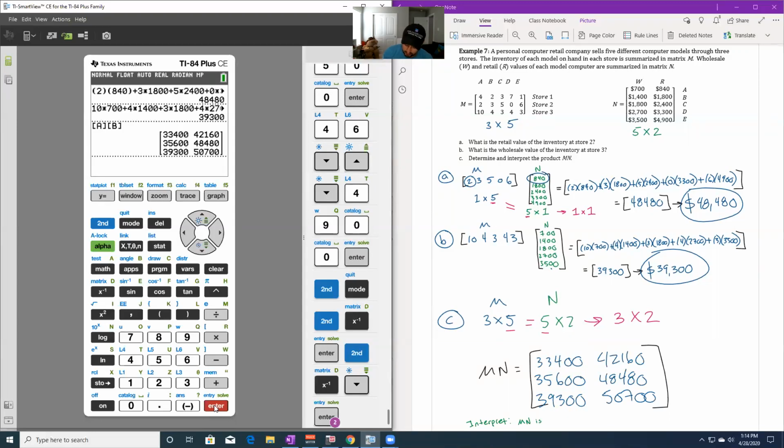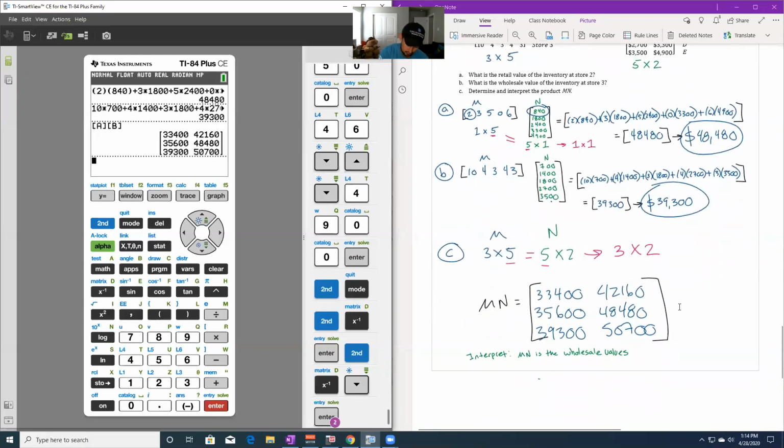The wholesale values are column 1, and the retail values are column 2, at each store.